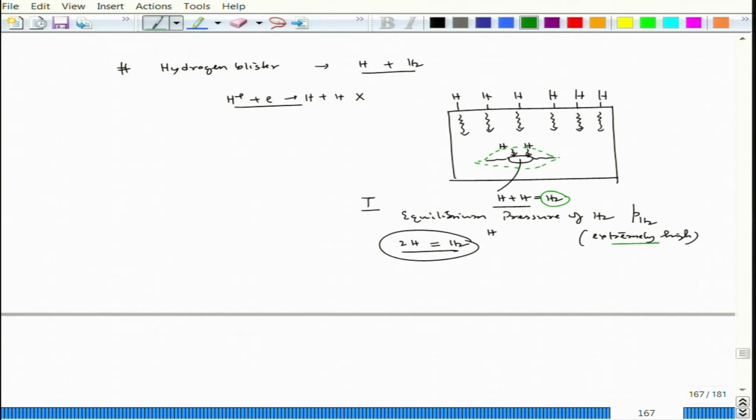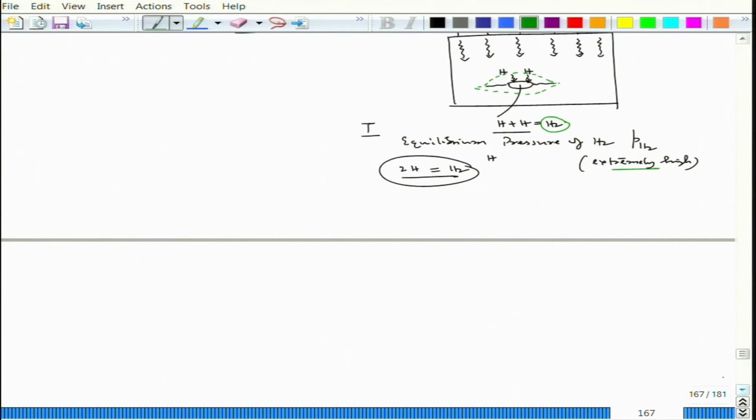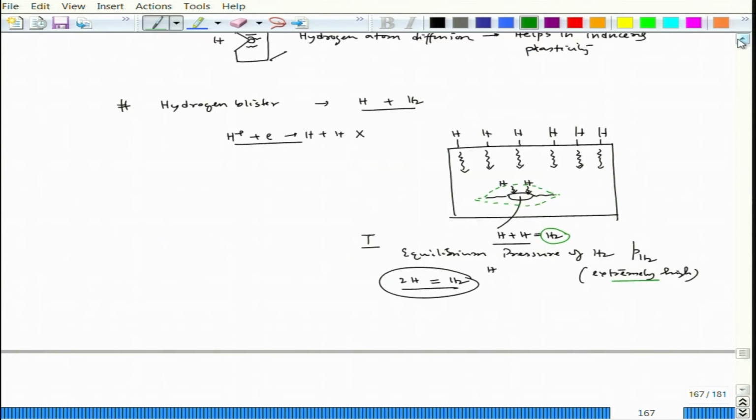Now, if we come to the others, all those fractures lead to transgranular cleavage failure, and the surface looks like radiating surfaces.